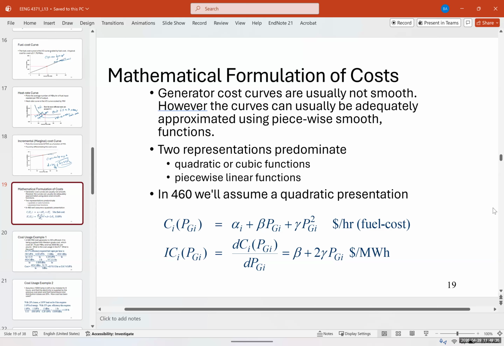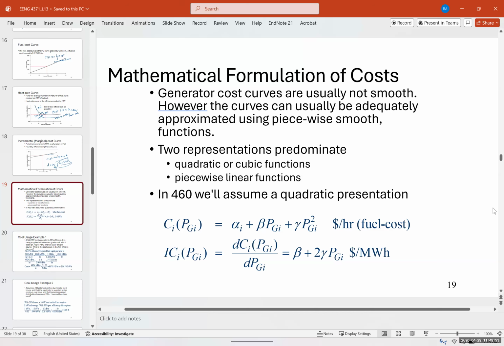In this course, we will use quadratic cost functions. This means the cost of a generator is a function of its output P_Gi, which is C_i(P_Gi) = alpha_i + beta_i P_Gi + lambda_i P_Gi squared. This is the dollars per hour fuel cost.